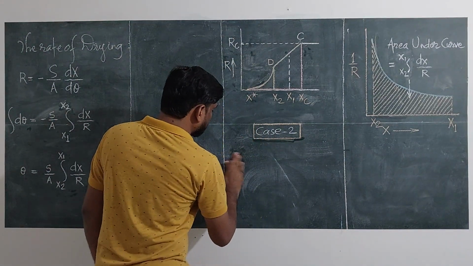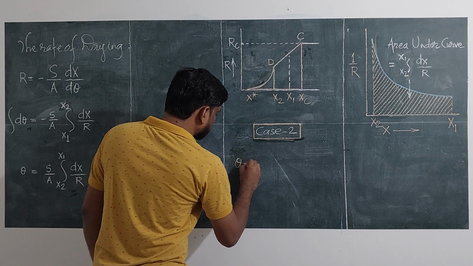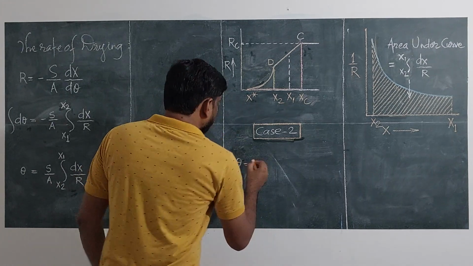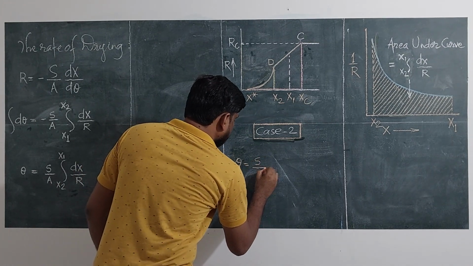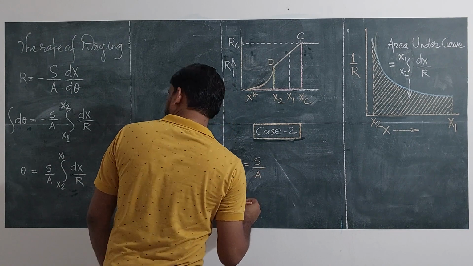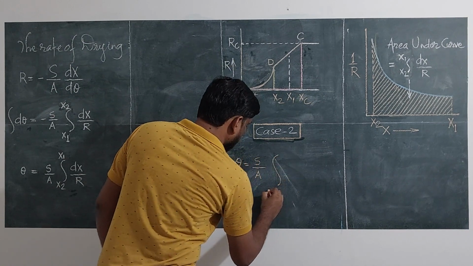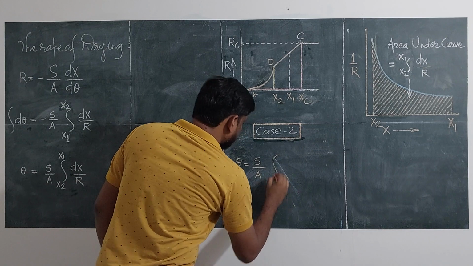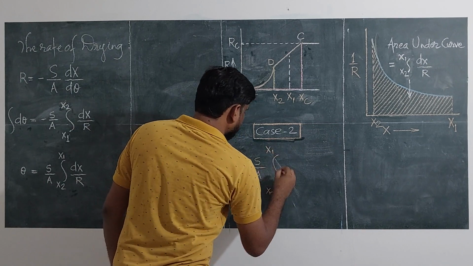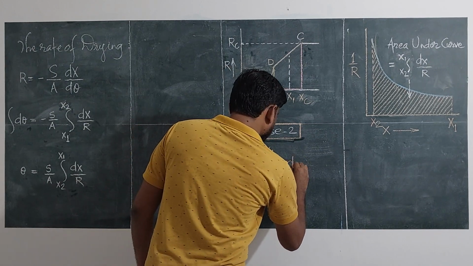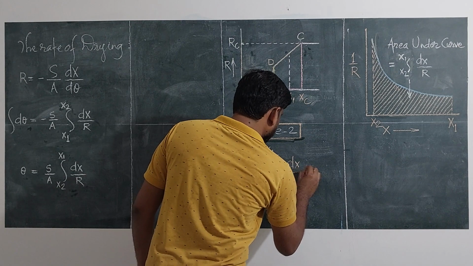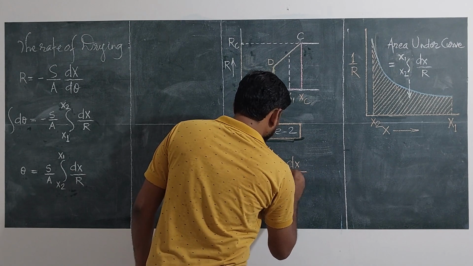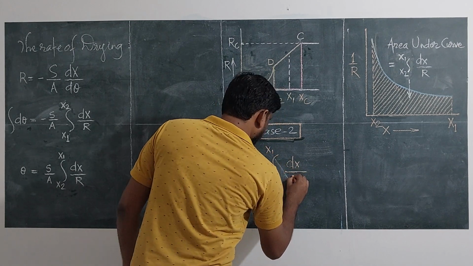Theta is equal to S divided by A into the integral from x1 to x2 of dx by R.